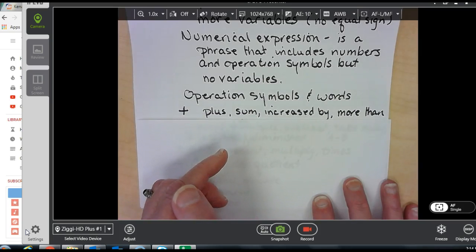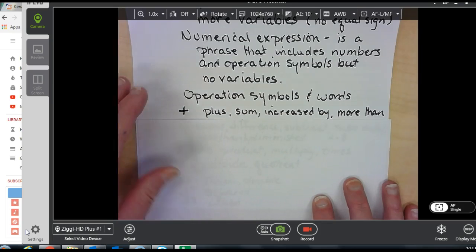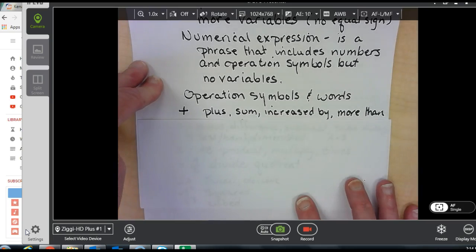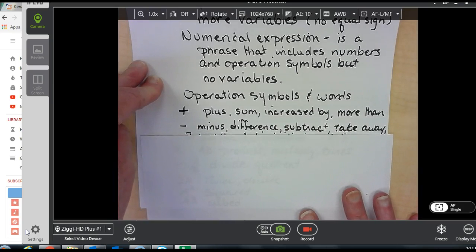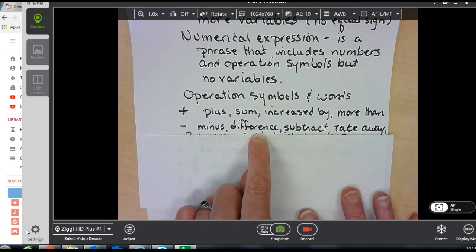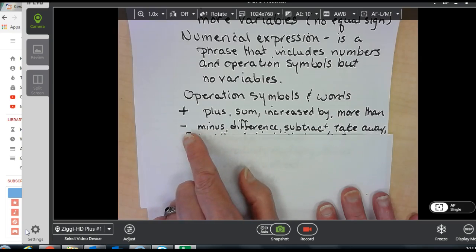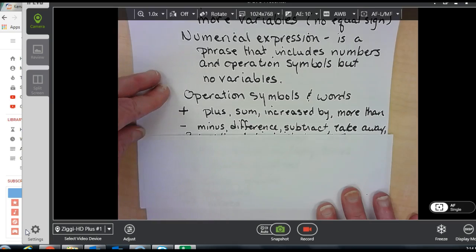So if we had the sum of a and b, you'd put a plus b. Or a increased by b, a plus b. We use the minus sign when we have the word minus. Difference means we're subtracting two numbers, or the word subtract or take away.